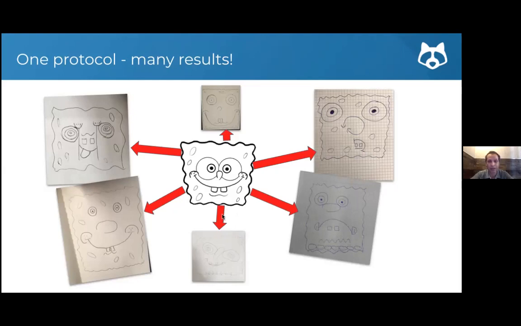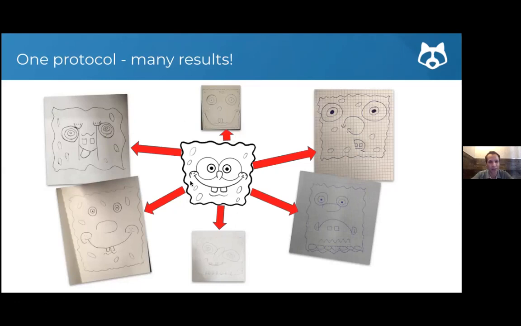But the reason I love this exercise is that when you look at what people are doing, you really quickly figure out, oh, I can make the instructions more precise. You can see a lot of people get the nose wrong.